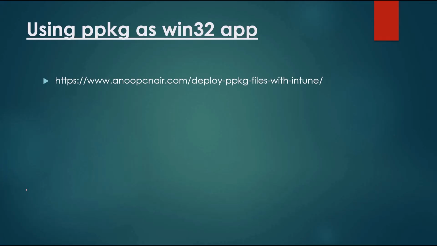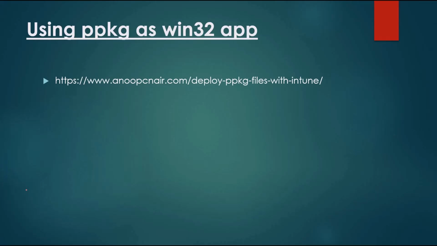Now, obviously we can always run that provisioning package manually on the device like we were doing initially to enroll it. The other option is, if the device is already enrolled, then we can deploy that provisioning package from Intune as a Win32 application, which is going to get installed in the device just as an app, or as a PowerShell script using IME, and then it's going to take effect.